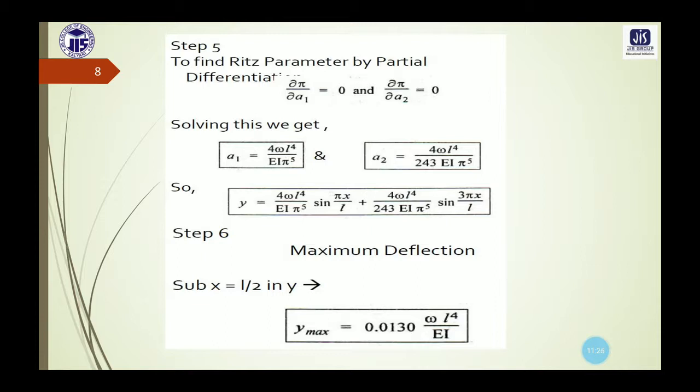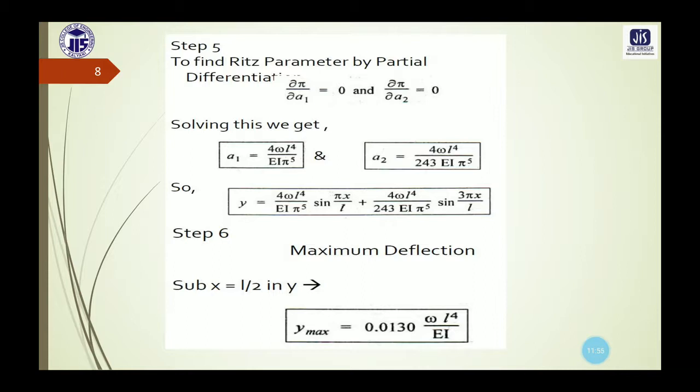If we do this partial differentiation, then after several steps we will get the value of a1 as 4 omega L to the power 4 by EI pi to the power 5, and the value of a2 as 4 omega L to the power 4 divided by 243 EI pi to the power 5. So this is the procedure to implement step 5, where we find the Ritz parameters by partial differentiation.